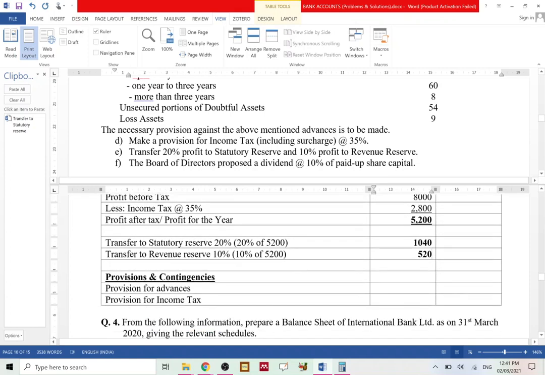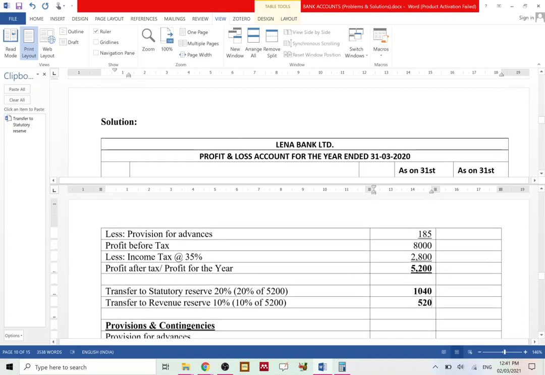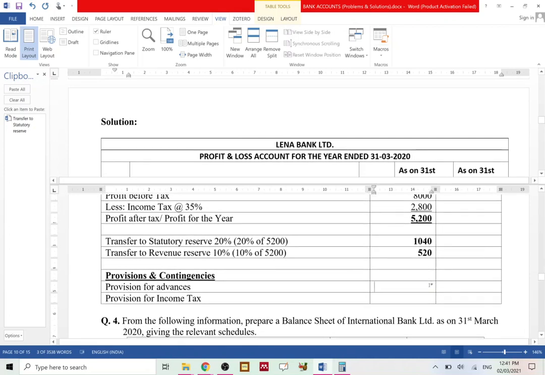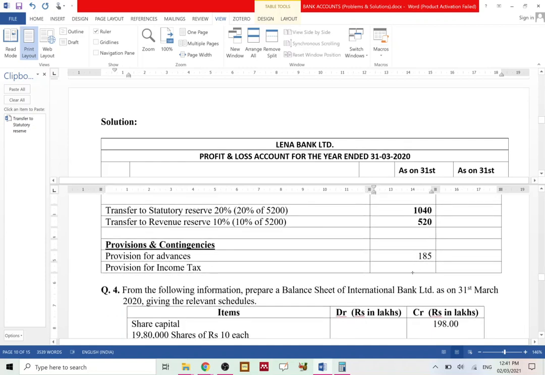So now what is the total provisions and contingencies? We have two different figures that will come here. One is provision for advances, 185 of course, and one is provisions for income tax, which is 2,800. Okay, 2,800.